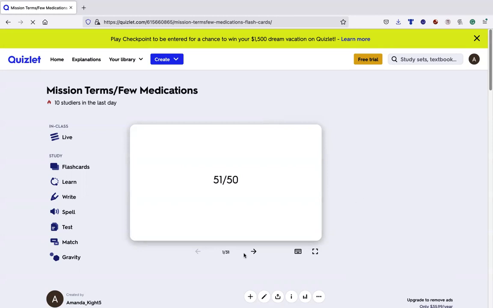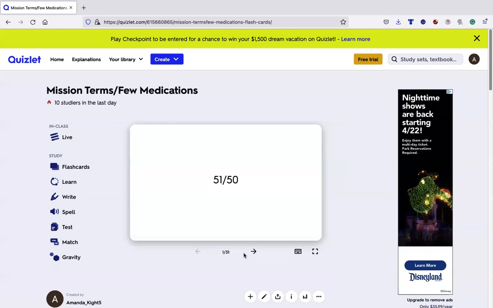So a 5150 we know is a 72-hour involuntary or voluntary hold for one of three reasons: either danger to self, danger to others, or gravely disabled. We know that a 5250 is an extension of a 5150 for up to 2 weeks, and that is not voluntary.